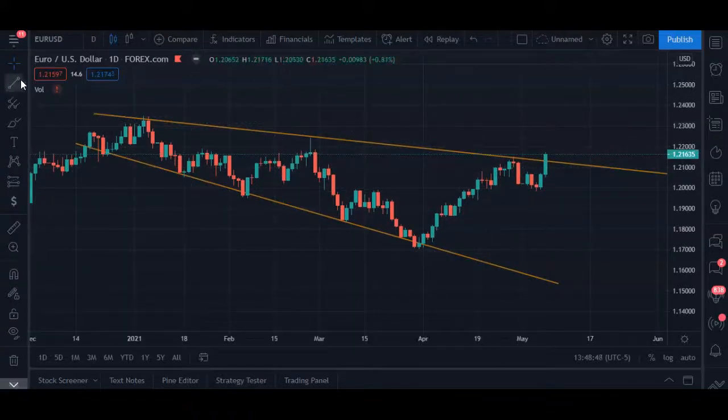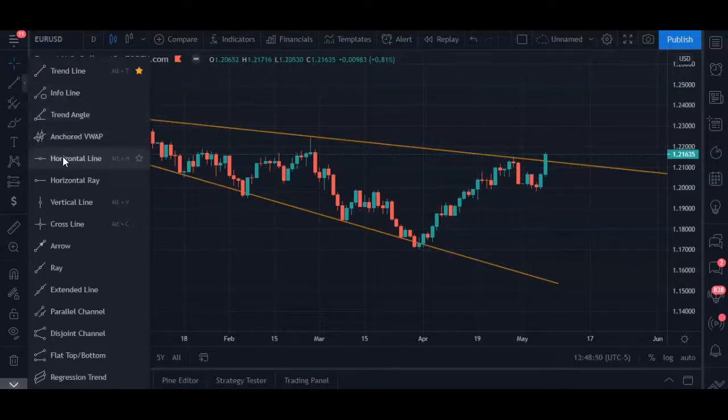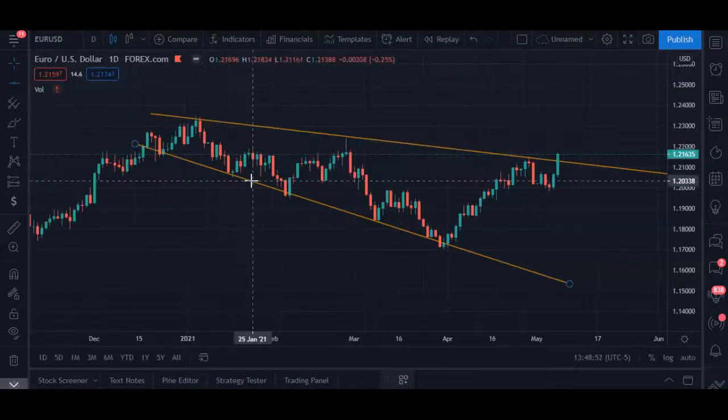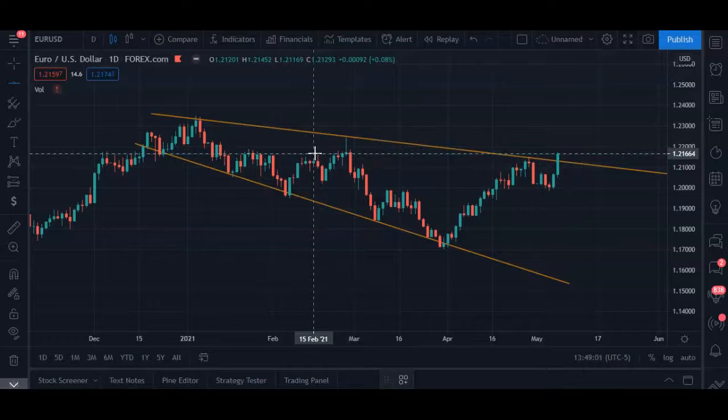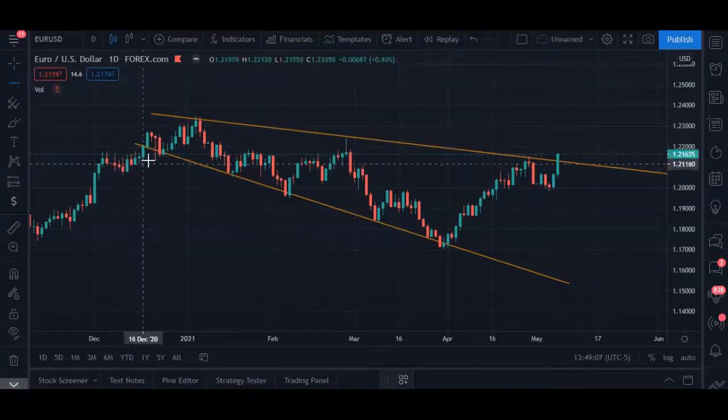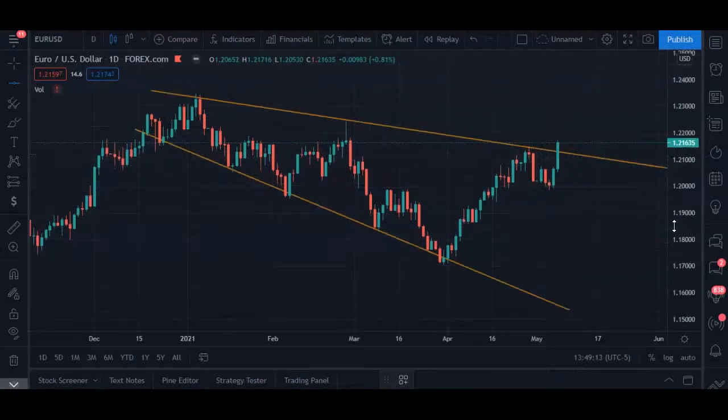Let me go ahead and pull up a horizontal line so I could draw some support beams and some resistance beams. So right here it has already hit a resistance, as you can see, touched multiple times. And this is where it stopped on Friday.